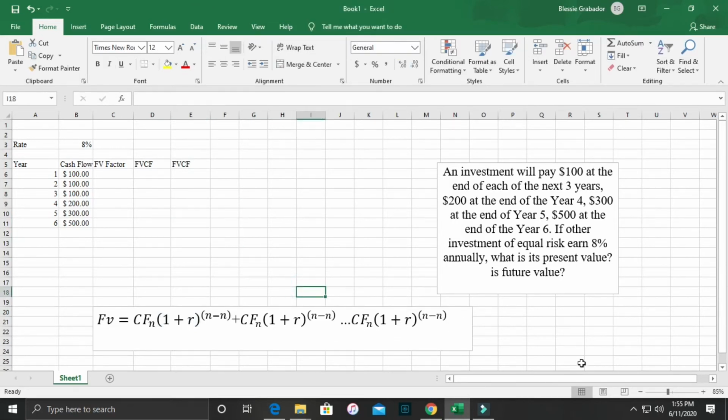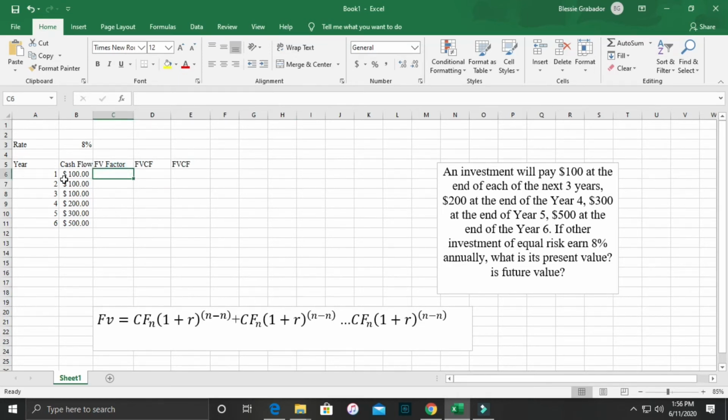So here is the formula that we are going to use. Future value minus cash flow 1 multiplied by 1 plus rate raised to total number of years minus number of years plus cash flow multiplied by 1 plus rate raised to total number of years minus year.